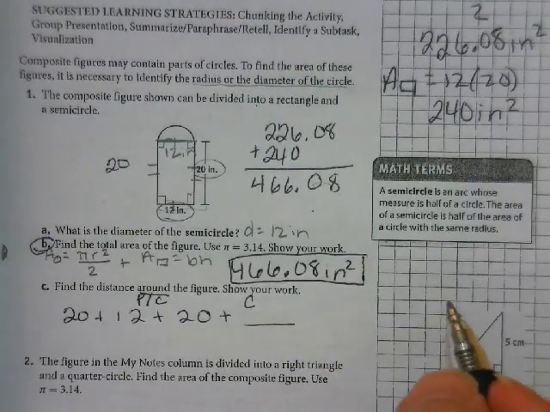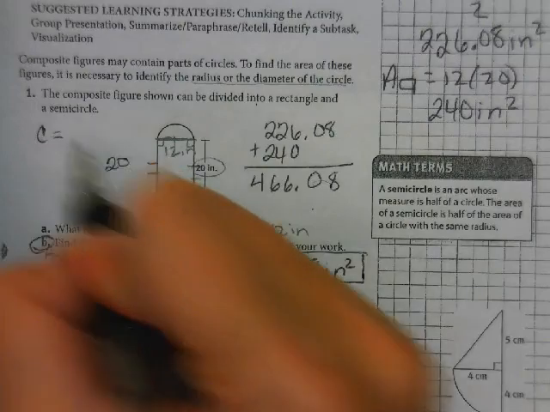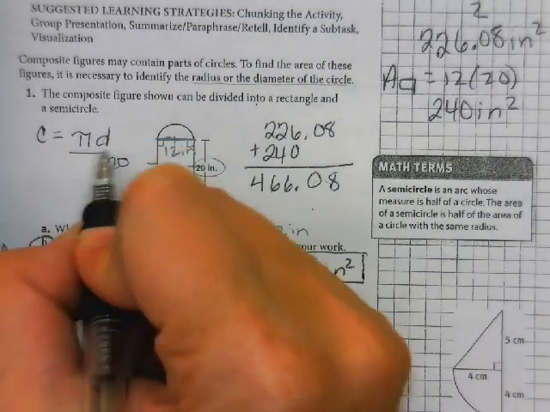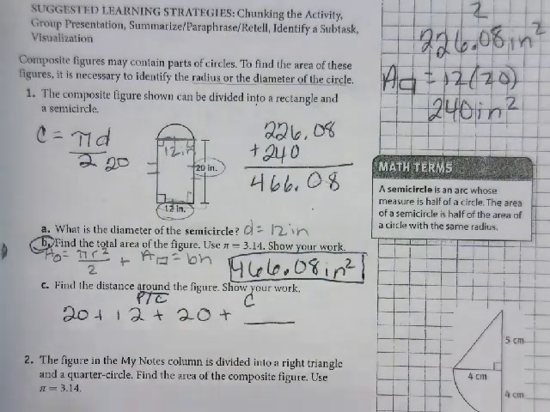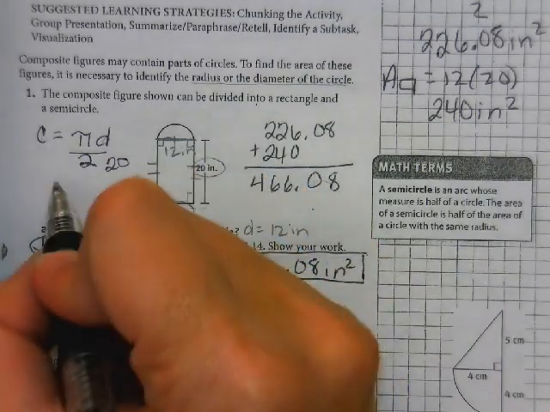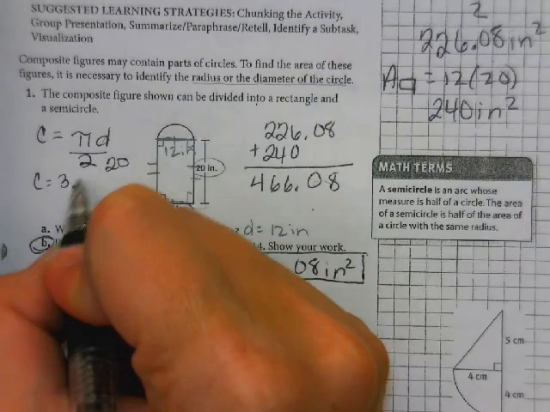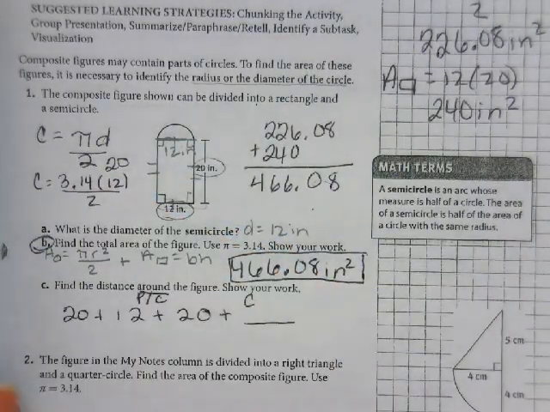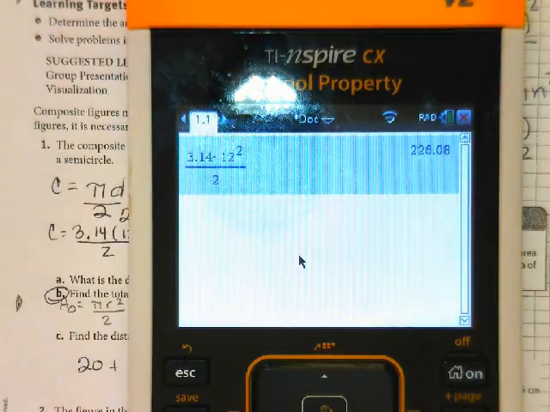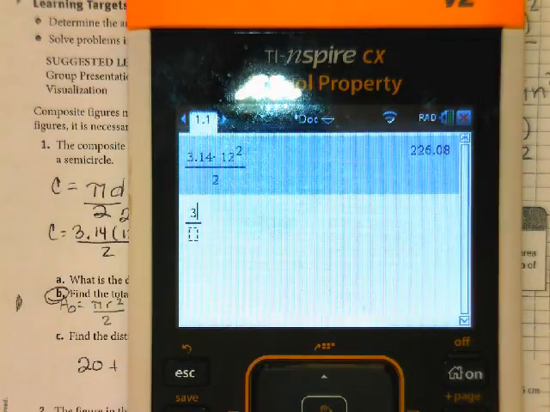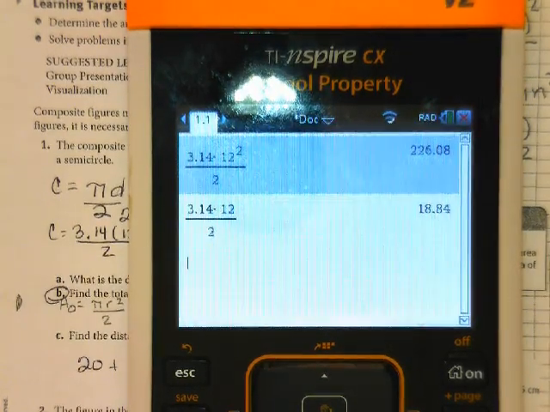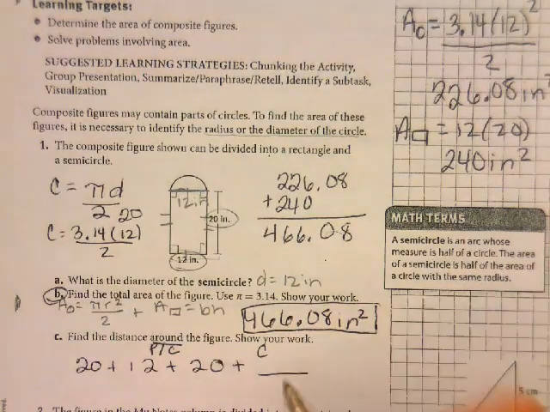So I know circumference, and I have a diameter, is pi d, but it's a semicircle, so I still need to divide by 2. And it's still not a multiple of 7, so 3.14 times 12 divided by 2, which we know is actually 6, which would be the radius. So I'm just going to go ahead and put it all in, 3.14 times 12, all divided by 2, 18.84.